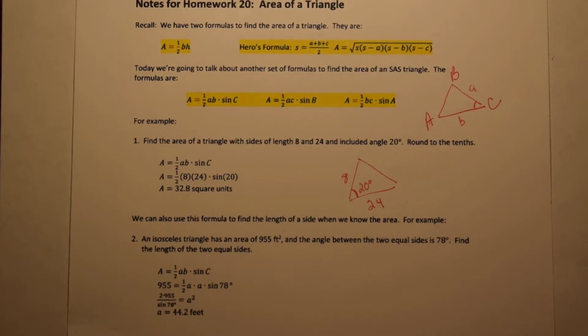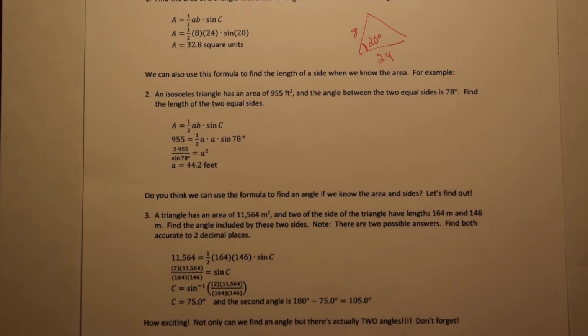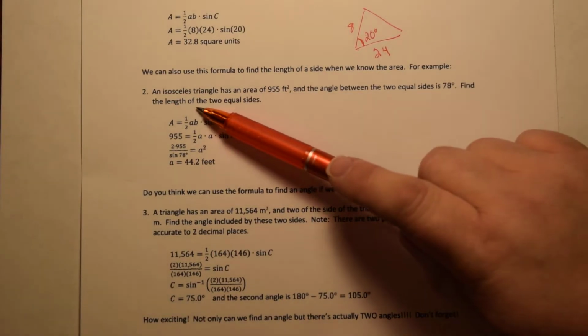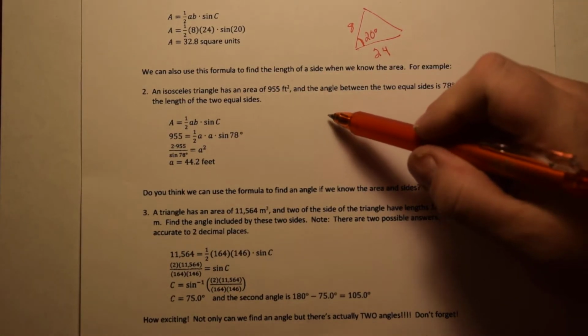Okay, well, what if we know the area, but we're missing a side? Well, we can use this formula to find the length of a side when we know its area. So for example, we have an isosceles triangle. So refresh my memory.